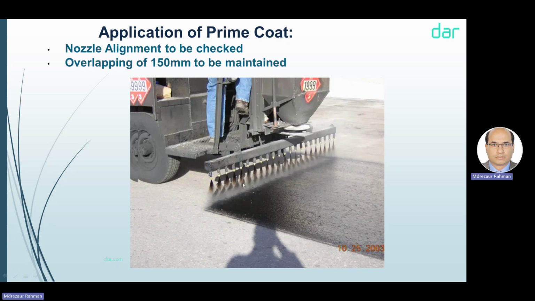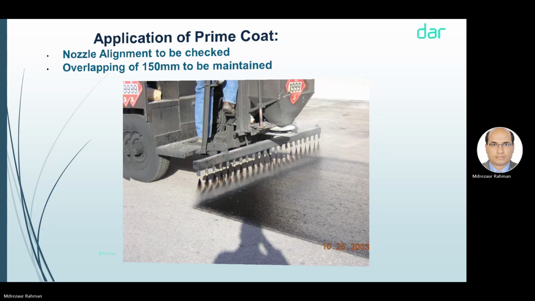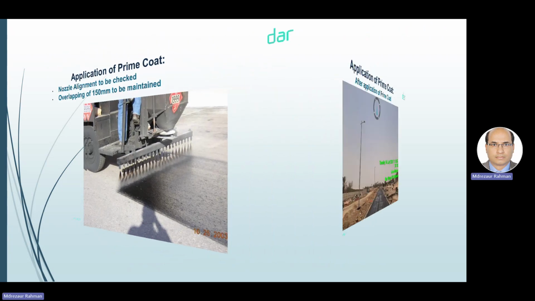And there should be an overlapping of 150. Whenever any lane is going, and when it comes back or goes again, the overlapping should be 150. Is it clear to everybody? Nozzle alignment and the overlapping 150.